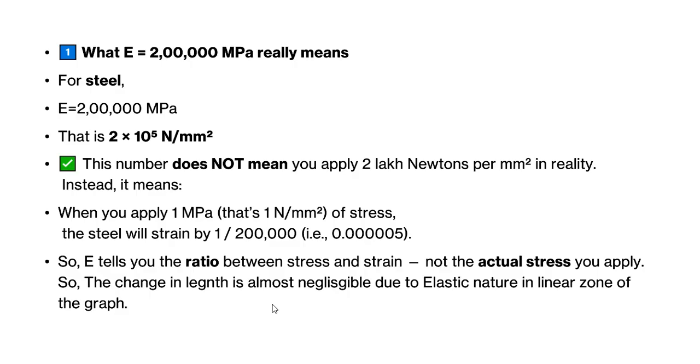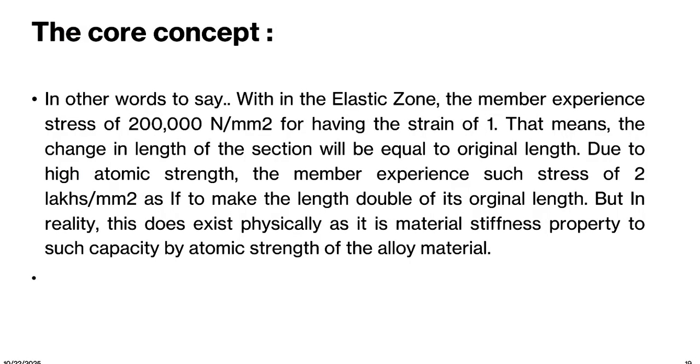The change in length is almost negligible due to the elastic nature of the linear zone of the graph. In other words, the core concept: within the elastic zone, the member would need a stress of 2 lakh Newton per mm square, that is 2 into 10 power 5 MPa, to have a strain of 1.